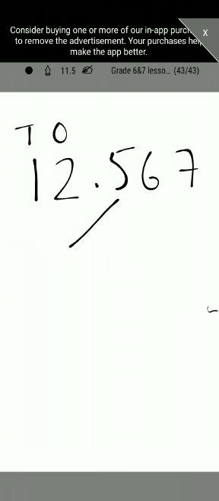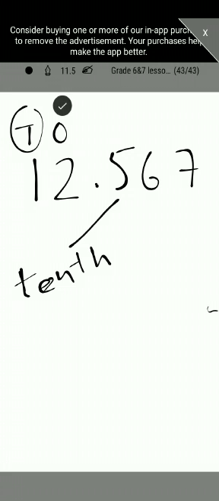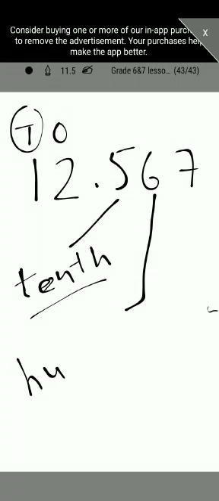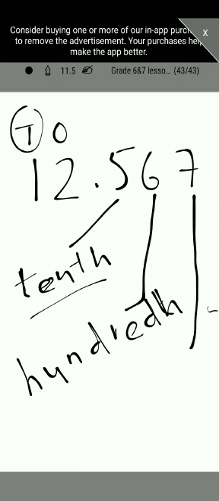So you can write that the value of 5 is tenth, not tens, it is tenth. Then after tenth it is hundredth, and after 6, the last number is thousandth.